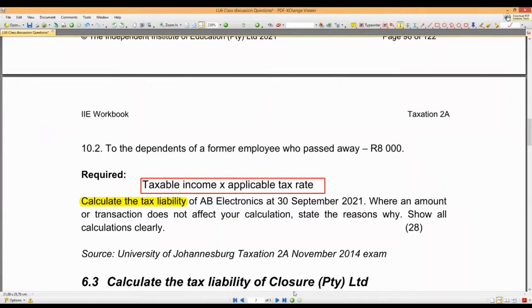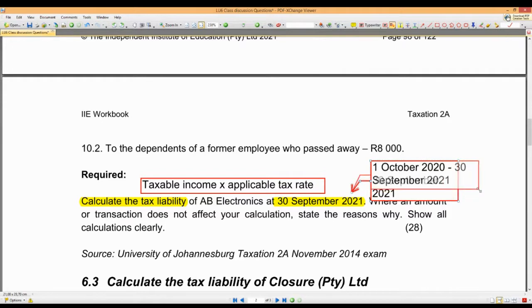Then we tell you that it's at 30th of September 2021. So that means if we look at the tax period, it would be from 1 October 2020 up to 30 September 2021. Okay, so that is my tax period that I'm working with.